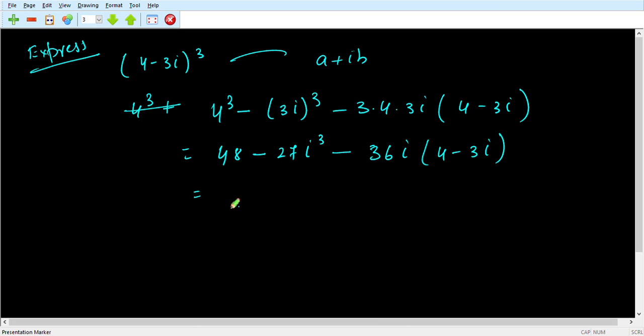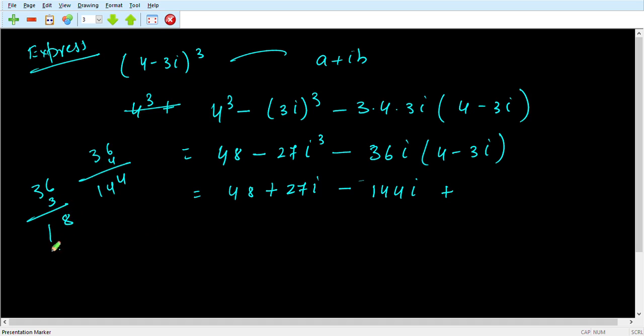So when you solve this, 48 and this will become minus iota, so minus will become plus, 27 iota minus 36 into 4, which is 144 iota, minus plus 36 into 3, which is 108 iota to the power 2. Iota to the power 2 will give you the negative value.